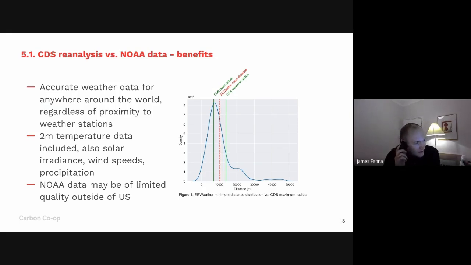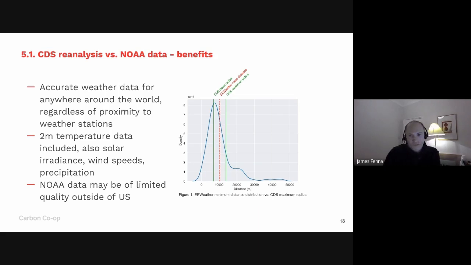Adam and Phil and I continue to talk about whether that stands. But regardless of that, you still get basically equal access to weather data anywhere in the world, regardless of how close you are to a weather station or an airport. So for those sites that are further away from weather stations, this is obviously beneficial.